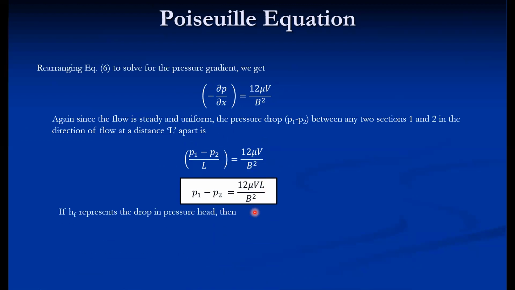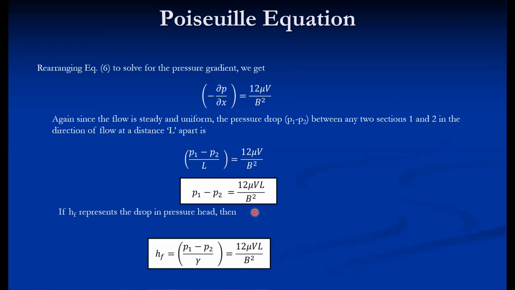So if hf represents the drop in pressure head, then hf is equal to (P1 minus P2) by gamma, which is 12 mu V L by gamma b square. So this is the head loss due to friction expression if we divide both sides by gamma.